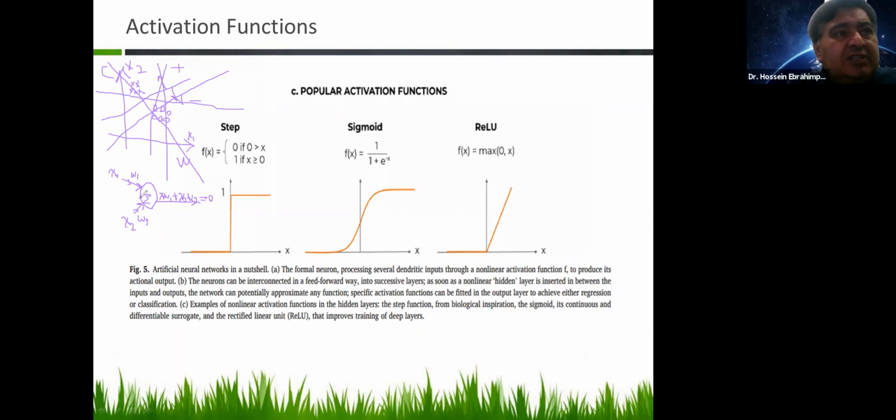By using this method, you can change the weights of this neuron, and these changes help you to improve your accuracy, and this means that this system can learn from its mistakes.